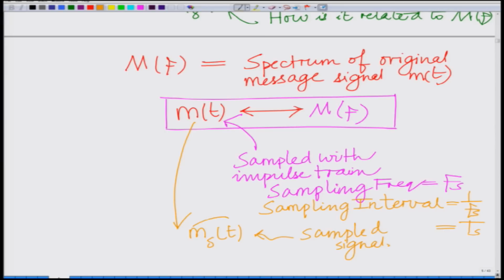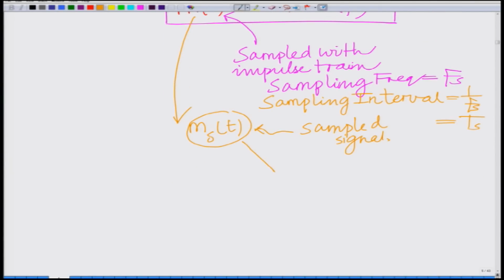How is the Fourier transform of m delta t? That is, if we call the Fourier transform of this m delta f, how is it related to m of f?